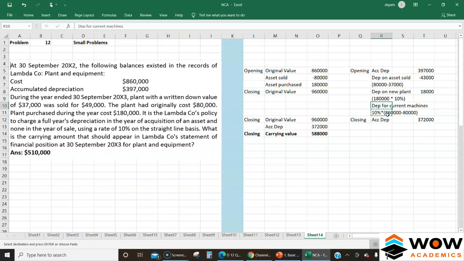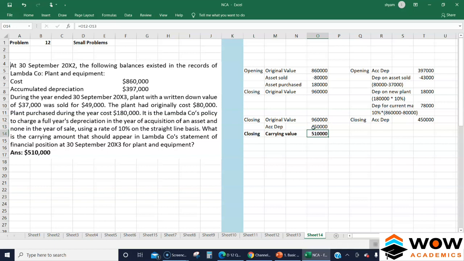So let's work out how much that number comes to. That comes to 78. So that has to be added. So that comes to 4,50,000. So let's reduce it and we got the answer.